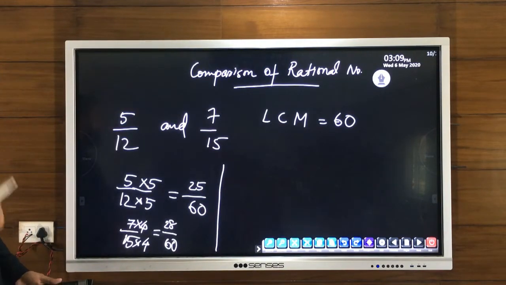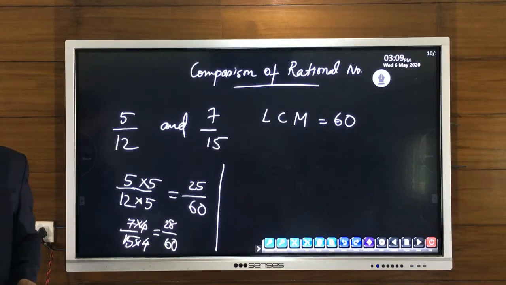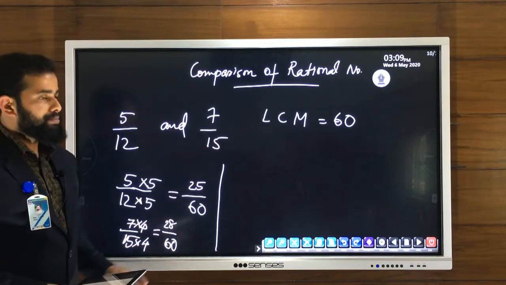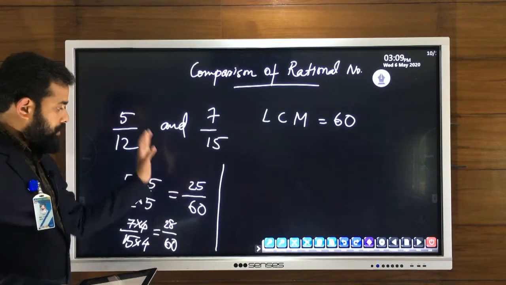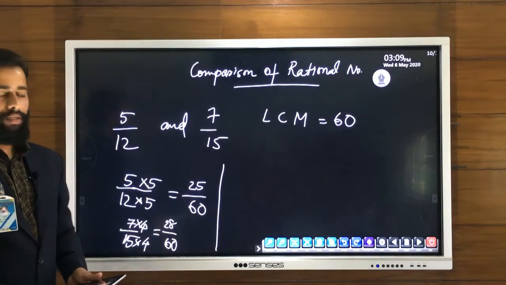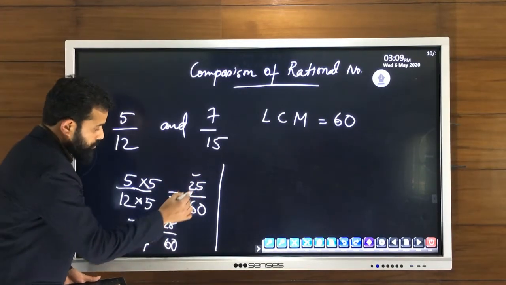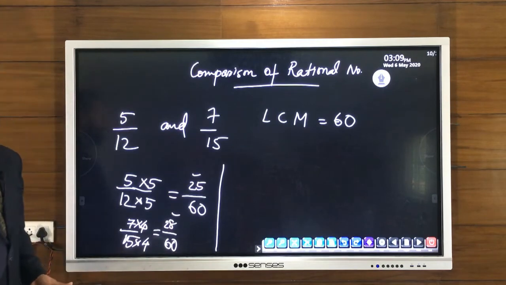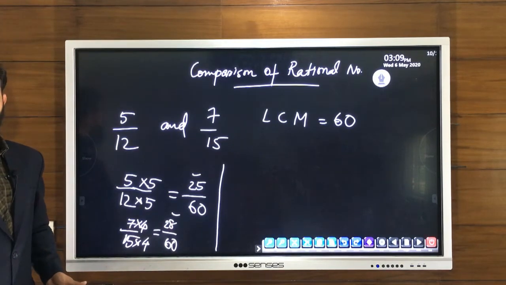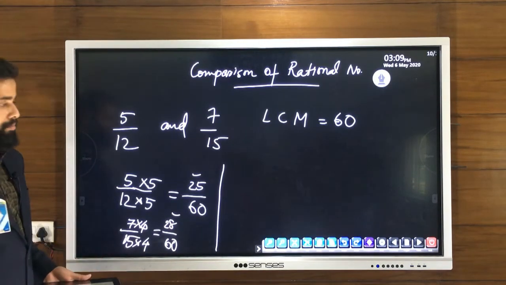If the denominators are the same, how do we find out which is the highest number? Only by checking the numerator. The one with the highest numerator is the greater number.